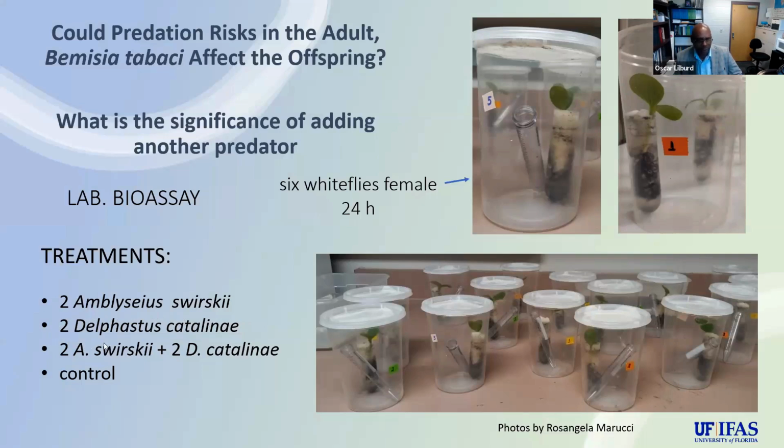We were able to recover some, and we saw a little bit of reduction. But in terms of the overall performance, we did not think it did very well. That's the reason why we started looking at Amblyseius swirskii.